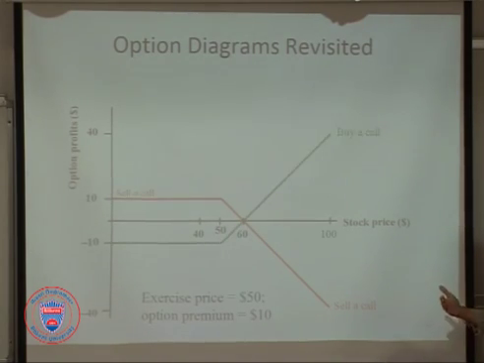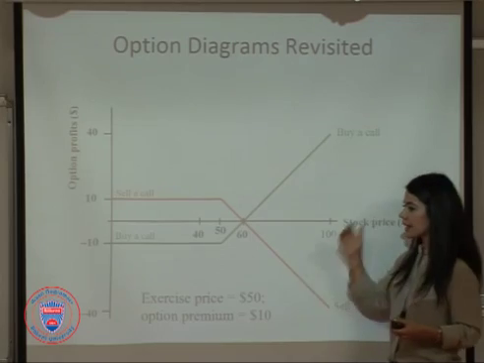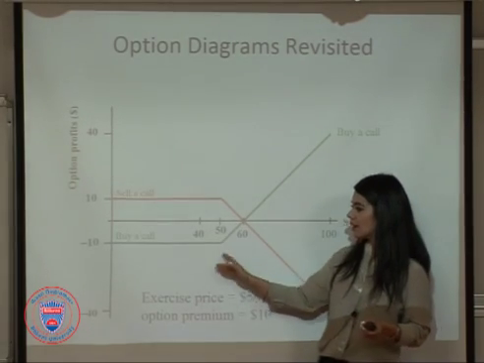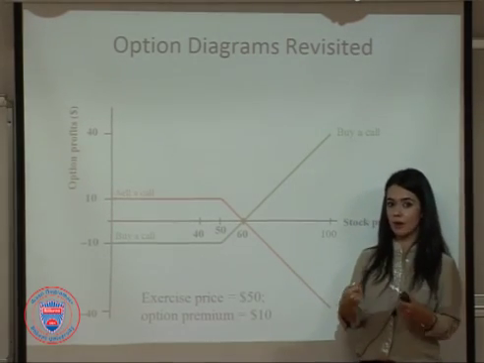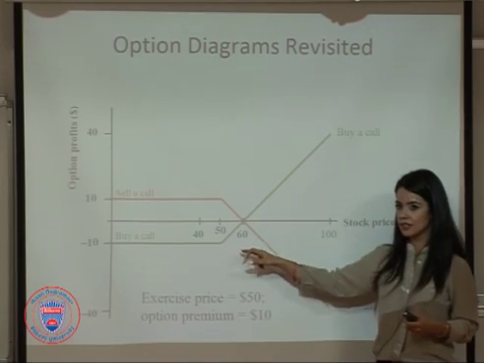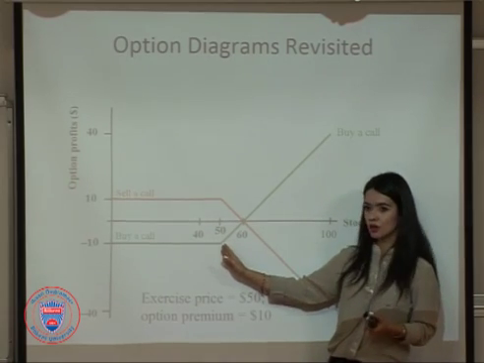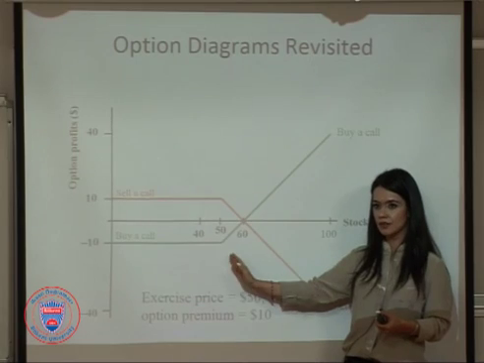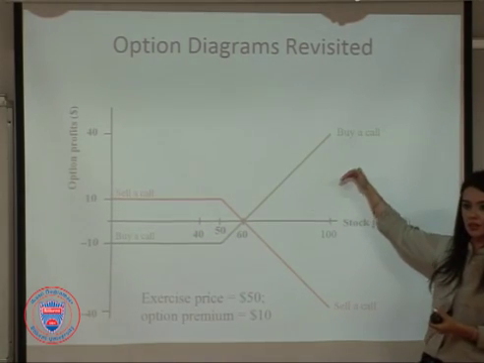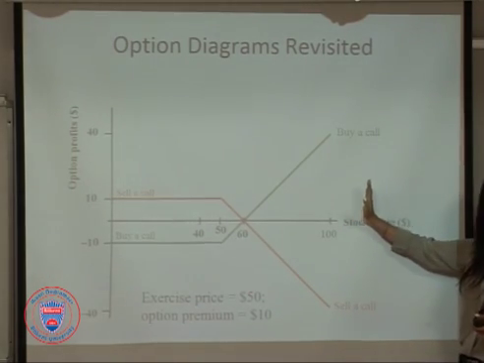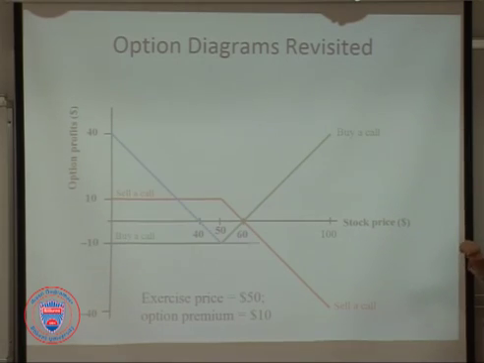When you buy a call, this is what's going to happen. Again, it's just the opposite case. You're paying $10 to buy the call, so we're starting with minus 10. You're exercising the call whenever the stock price is higher than 50. So your payoff will increase with the stock price. Let's look at the put cases.